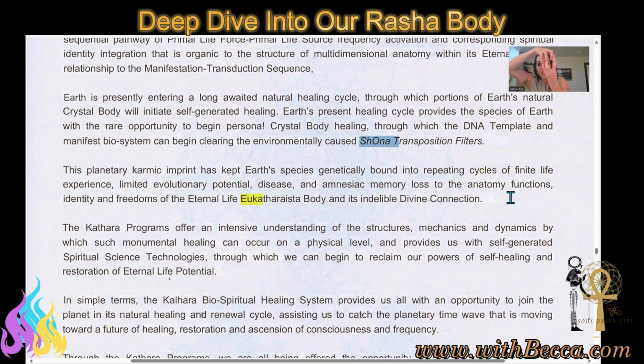Instead, they fuse it together and make it spin in the same direction. What it does is it starts to create miasmic energy, or Shona, or dead light energy. When that happens, we go into finite creation and we become a dying system. And it cuts us off from what is our eternal life eucharistic body.